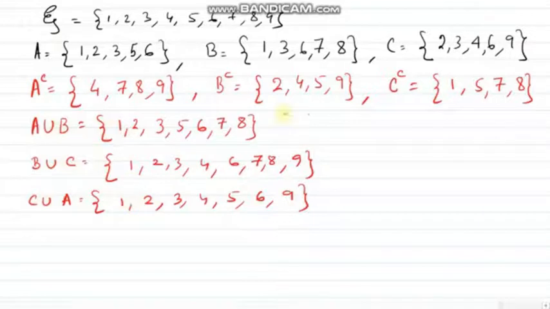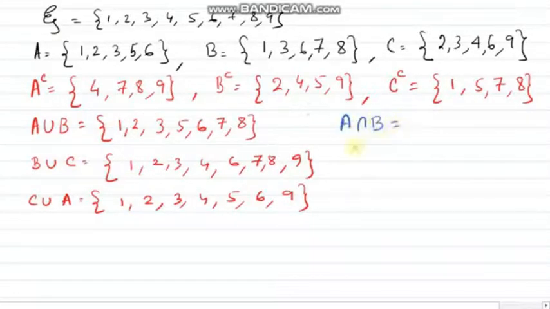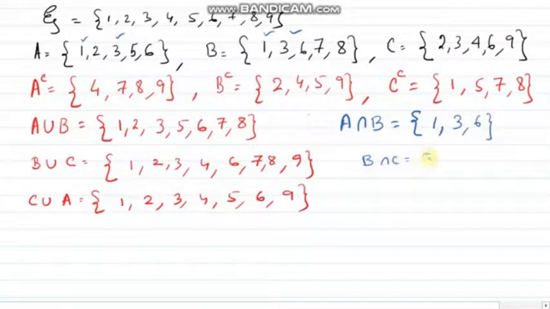Now if I consider A intersection B, that's the common elements of A and B. From there just check, what are the common elements? We have 3 common and we have 6 common, right? Also we have 1 common here. So 1, 3, 6. What will be B intersection C? Just check.